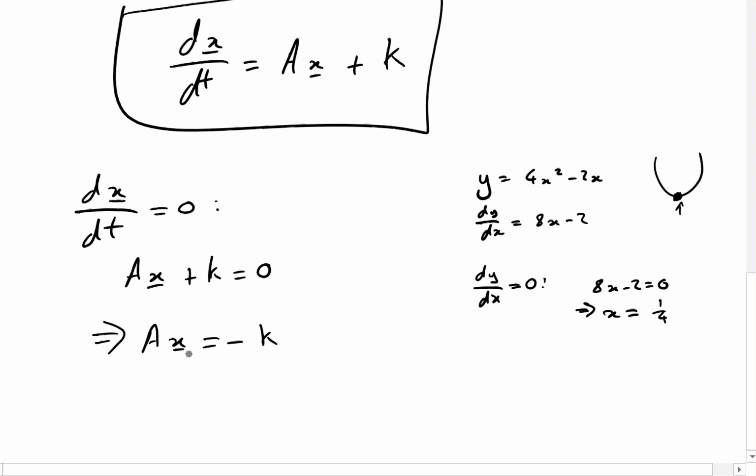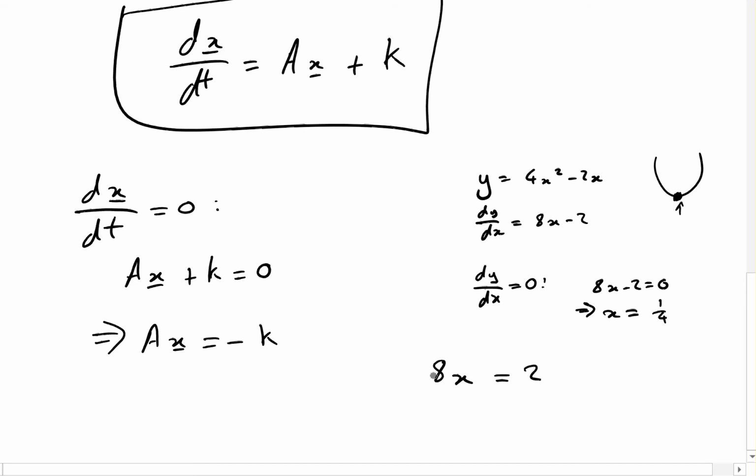Now we want the x on its own, so we're going to have to almost divide by this matrix. Remember that we can't divide by matrices, but we can introduce the idea of the inverse of a matrix. If you have 5x equals 2, or even the case here where we had 8x equals 2, we took the 2 over the other side, which is exactly what we've done here.